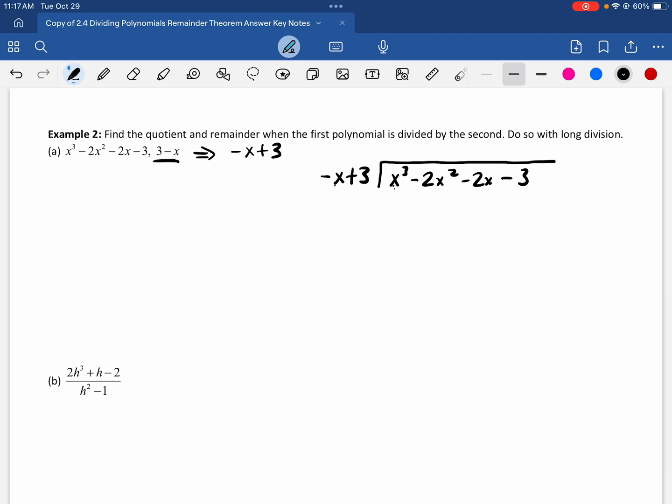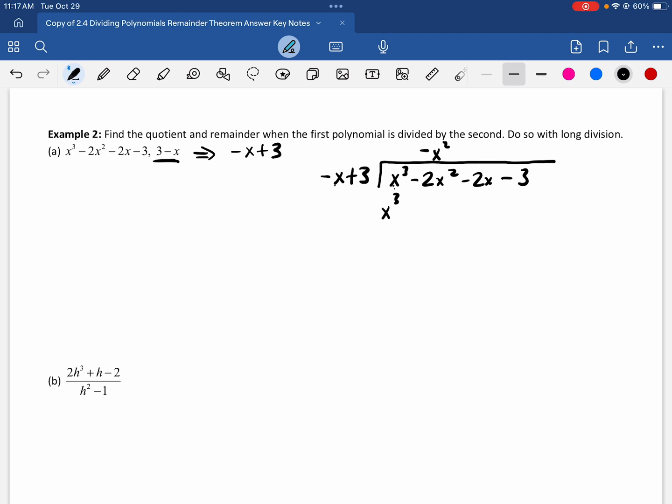Well, I need another negative to make it a positive. I have one x, but I want 3 of them, so that means I need 2 more. So that means I need to multiply by a -x squared. I can do -x squared times -x, and that's going to give me a positive x cubed.